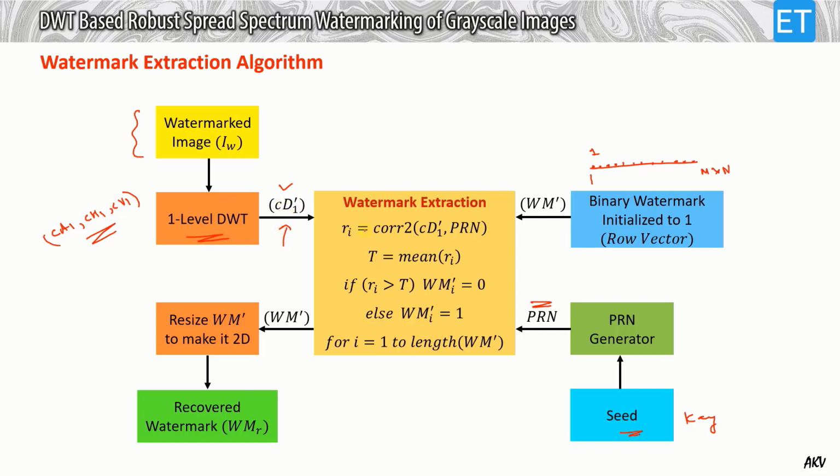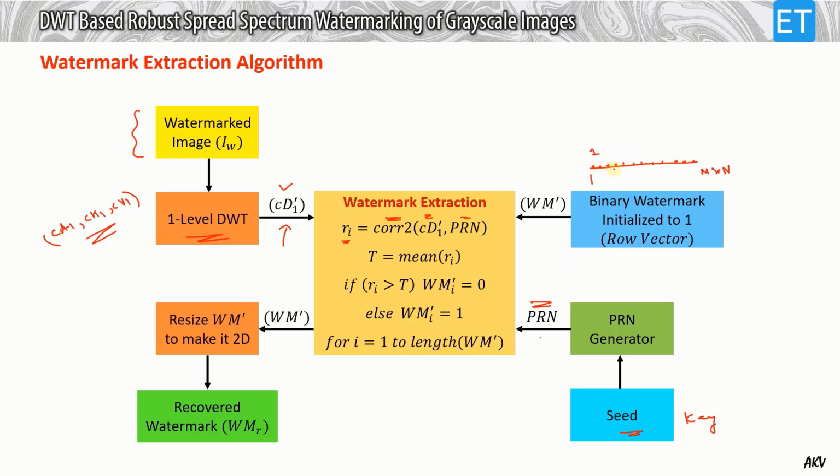Now we find the correlation between this CD1 dash and the PRN which is generated here. We get the correlation value and store it into the vector R. We generate PRN for all watermark bits.